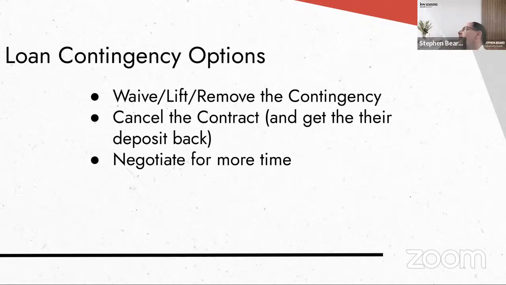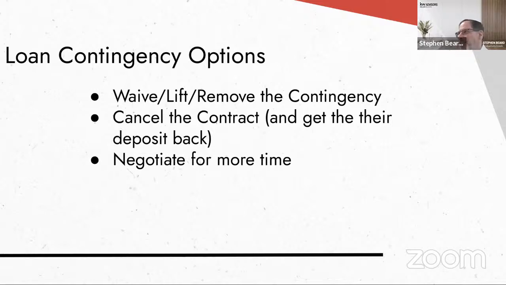They would need another contingency in place. Otherwise the seller can come back and say, this was the only contingency in the deal, and you're telling me the lender can do the loan, so you still have to buy my house. So the answer is no.